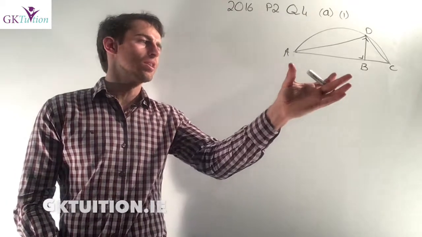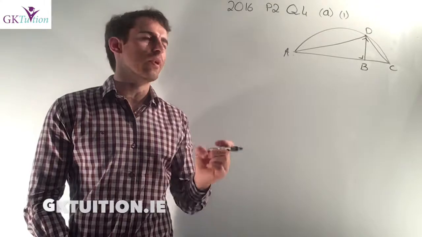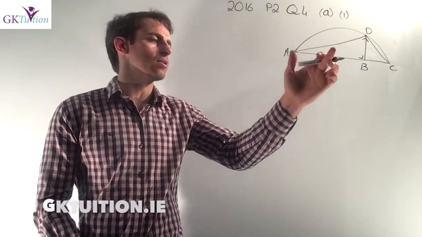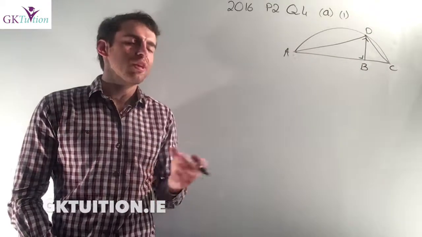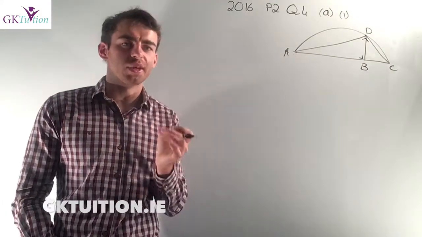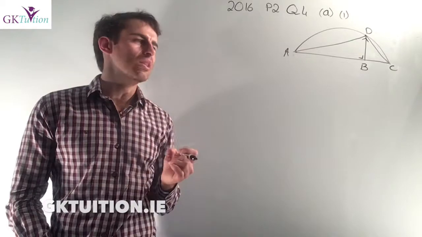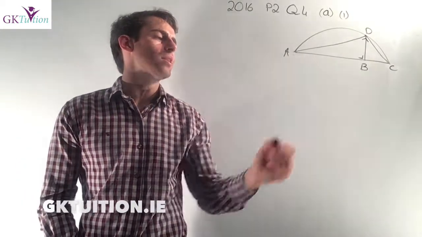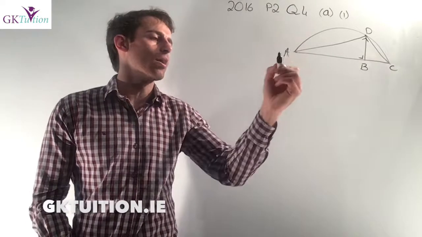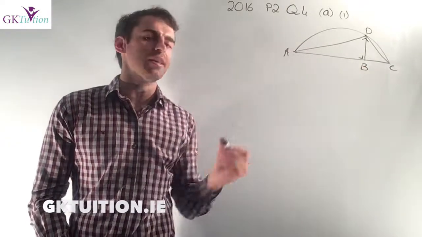Now in this question, we don't actually have enough information to directly prove that the triangle ABD and the triangle DBC are similar. We're not going to be able to prove that they have two sets of equal angles. So what we need to do in this case is prove that the triangle ABD and the big triangle, which is triangle ADC, are similar.